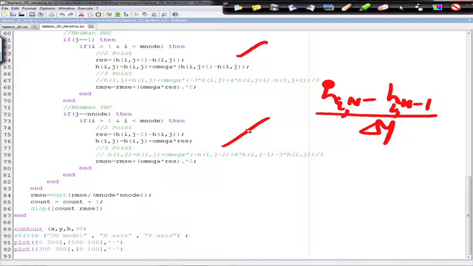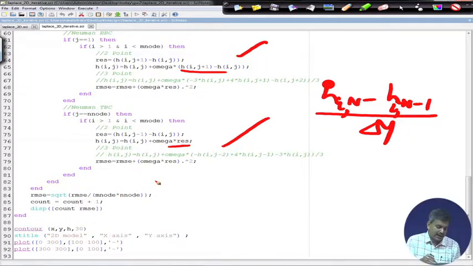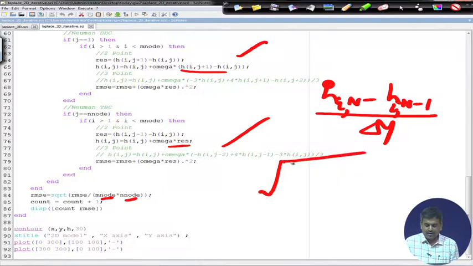Ultimately we are updating this thing. This is nothing but the residual in this case, and finally after adding all RMSE we can divide this by m node into n node. So, RMSE is nothing but the squared values, the summed value divided by m into n.